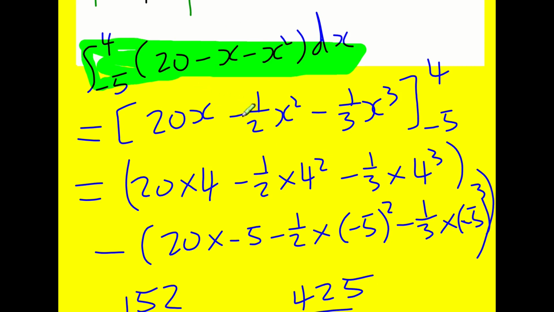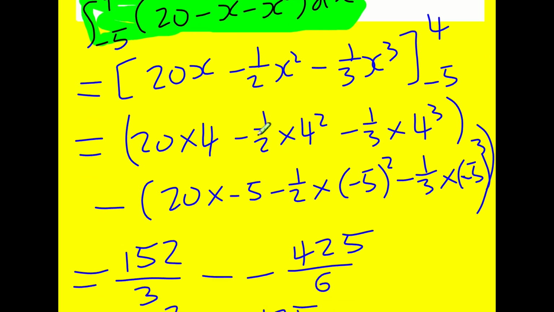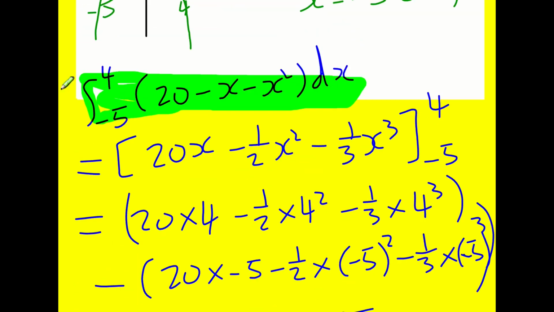There will be questions where I might have an x in one of my limits, and then you can't put it in your calculator, or I might have an unknown in my integrand, which is what I call this, and again I can't put that in my calculator. So don't just be lazy and think, oh, I can always substitute in my calculator, it will do it all for me.